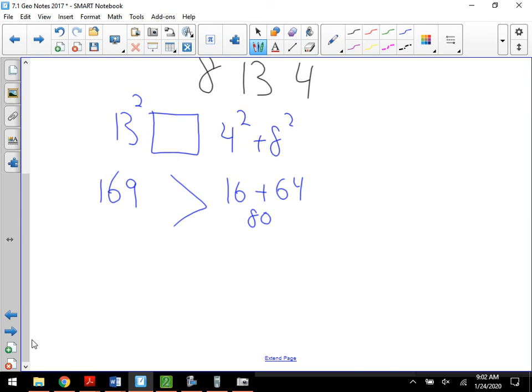If C squared is smaller than the sum of the other two, it's acute. If it's bigger, it's obtuse. So that's the other thing that's kind of nice with the Pythagorean theorem, is that you can use it to distinguish what kind of triangles you have without drawing. Okay. The weird stuff will come into play with this.